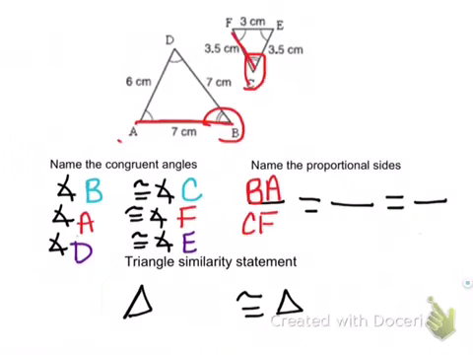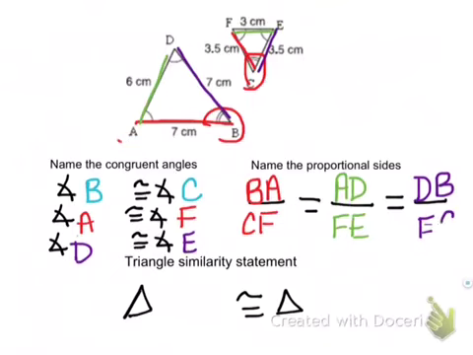Now I want to set up similar ratios, so let's go to another side. So if I go from A to D, that would be the same thing as from F to E. So my pre-image, AD, and my image, FE. And then my final side, I would go from D to B, and I would go from E to C. So D, B, E, C.